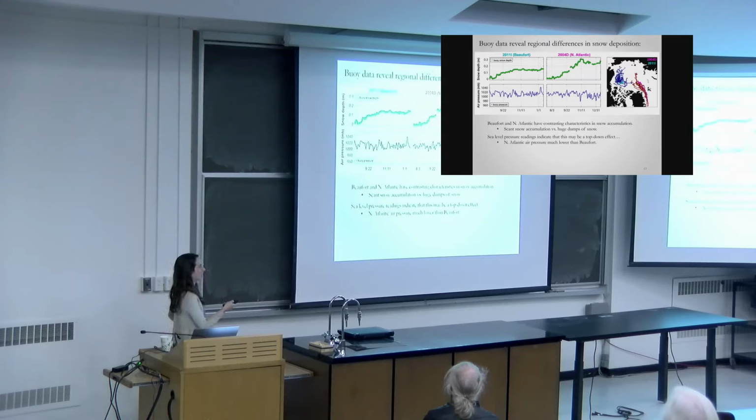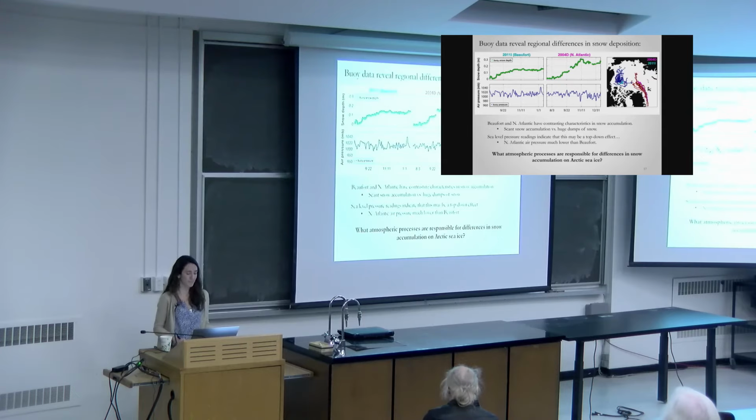There's not much happening over the wintertime. But in the Atlantic, there are these massive jumps over time, and it just seems to be continually growing in thickness. So I wanted to know what's driving these differences. What are the key things that we can look at that can provide insight on what causes snow accumulation, and how can we better represent those in models?